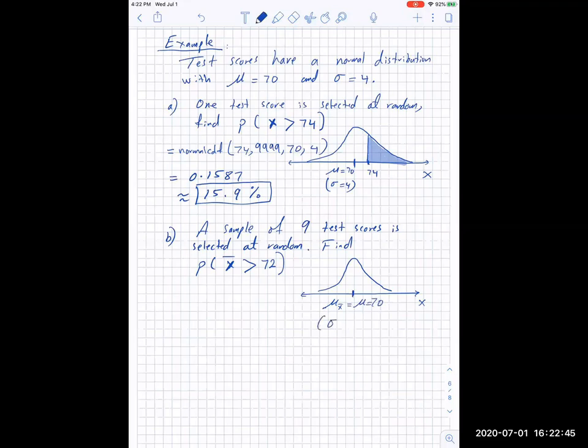The standard deviation of the sample means is the population standard deviation divided by the square root of n. The population standard deviation is 4, divided by the square root of 9, because we have a sample of 9 test scores. So 4 over 3. That's the standard deviation of the sampling distribution of X bar.